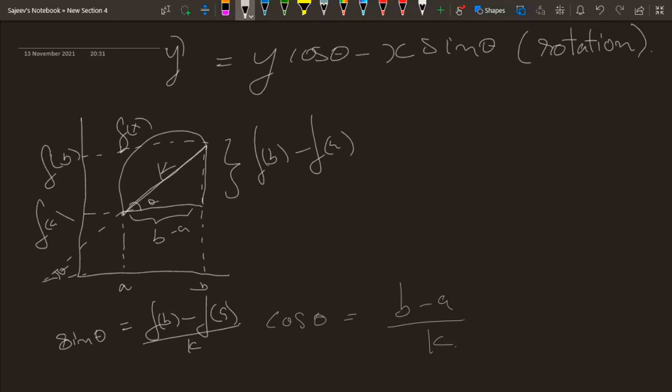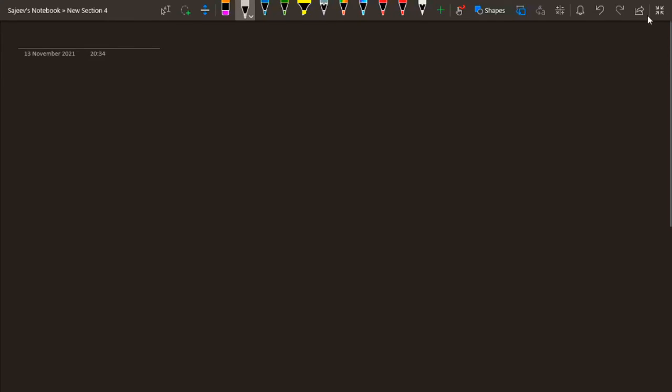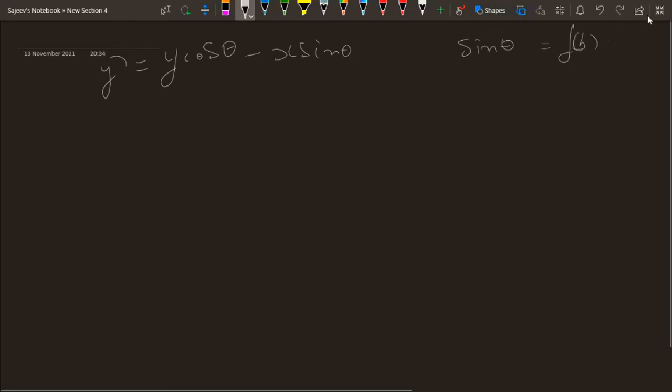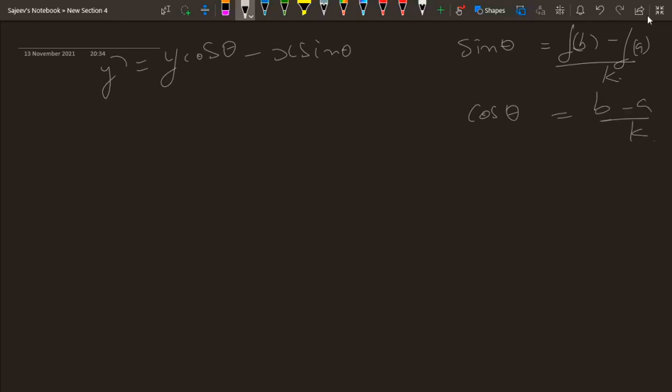Now we need to use the rotation formula, right? So we have y dash equal to y cos theta minus x sin theta, where sin theta is f(b) minus f(a) by k, and cos theta is b minus a by k.